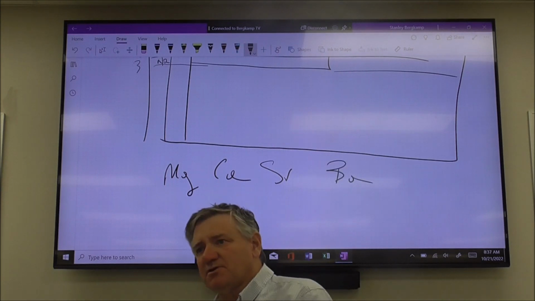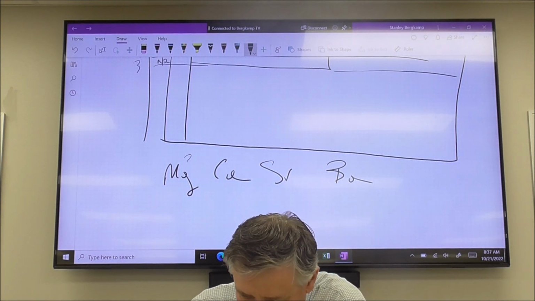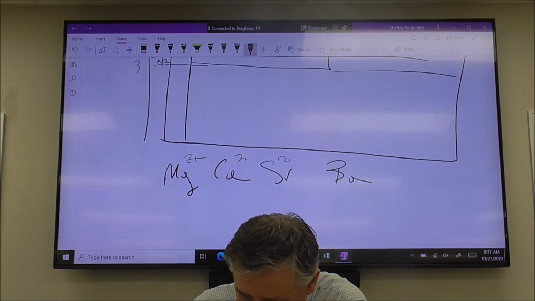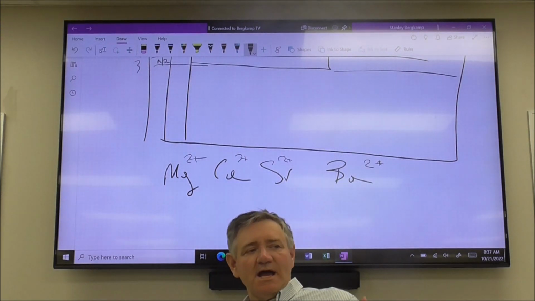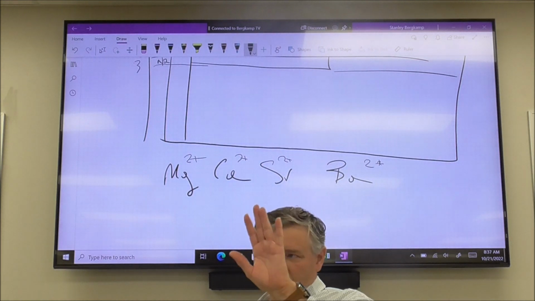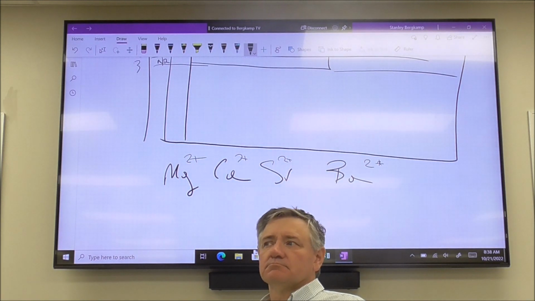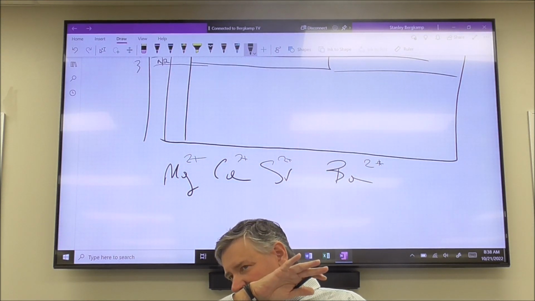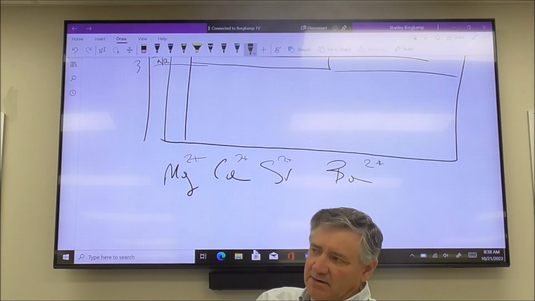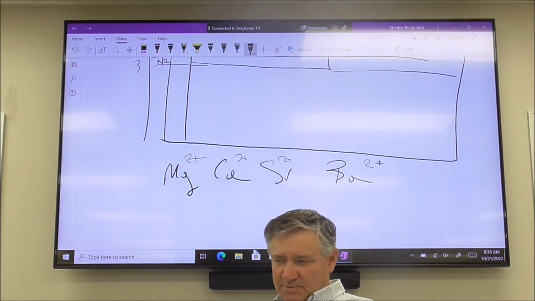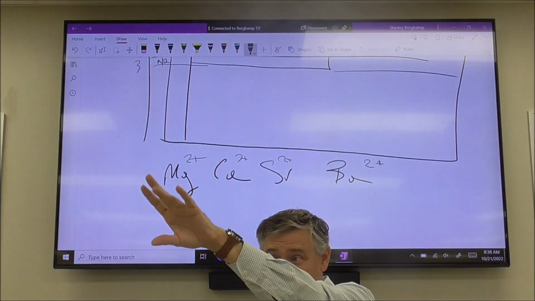What do those cations have in common in terms of where they are on the periodic table? Are they in the same row going across, or are they in the same period going down? Same period. Which period are they in? 2.